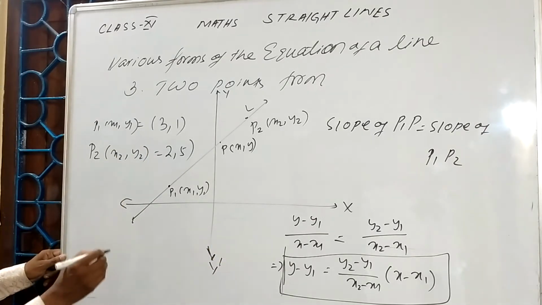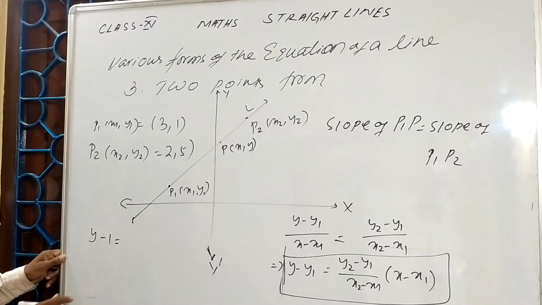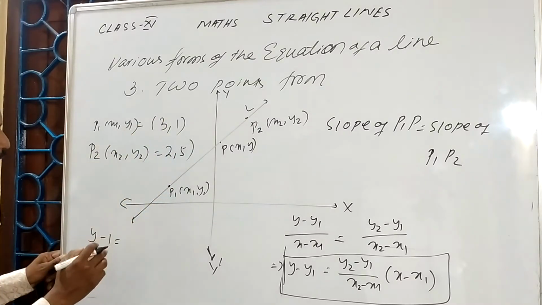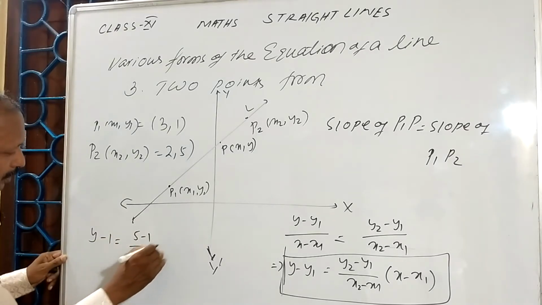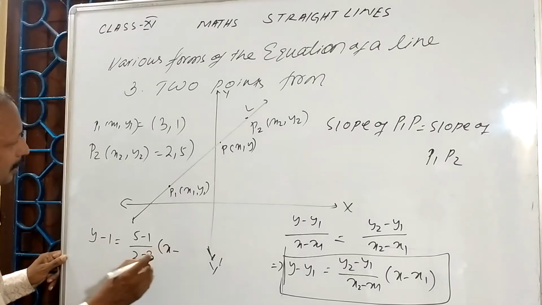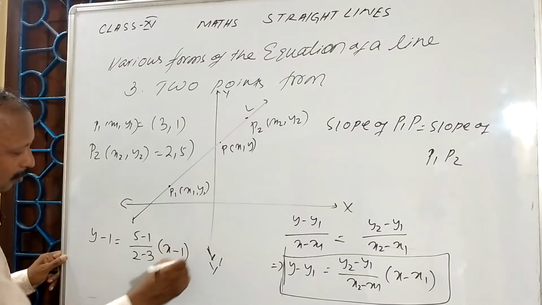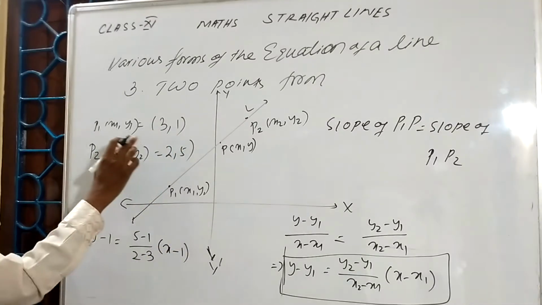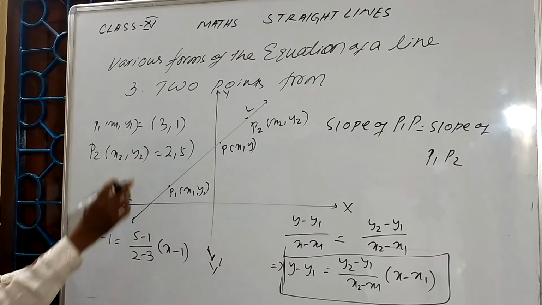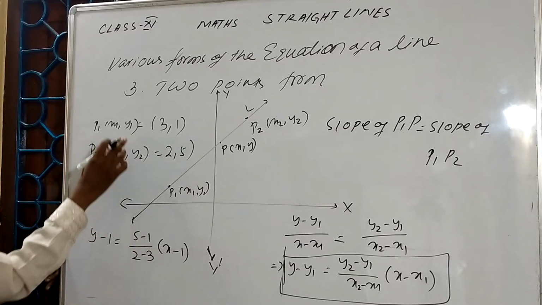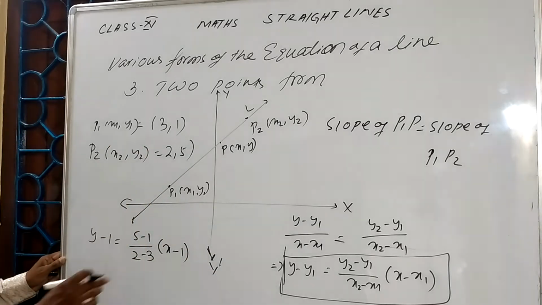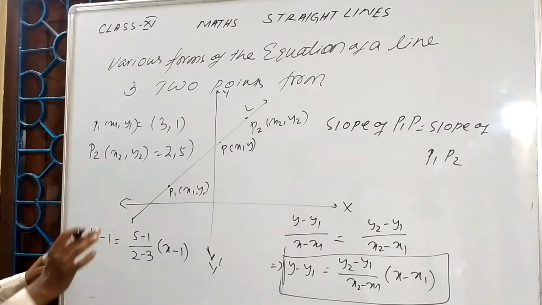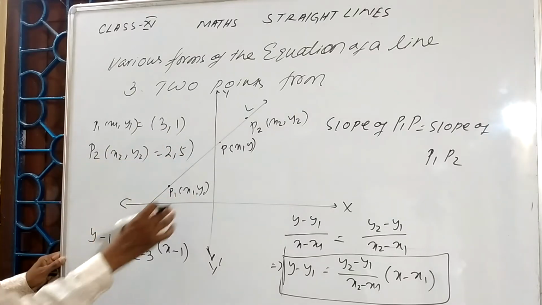Equation of the line will be y minus 1 is equal to (y2 minus y1, means 5 minus 1) divided by (2 minus 3) into (x minus x1, that is 3). Okay, so I have taken (x1, y1), (x2, y2). So here I have written (y2 minus y1) divided by (x2 minus x1), that is the slope, and this is x minus 3, means x minus x1.